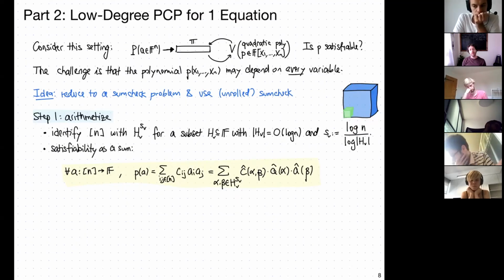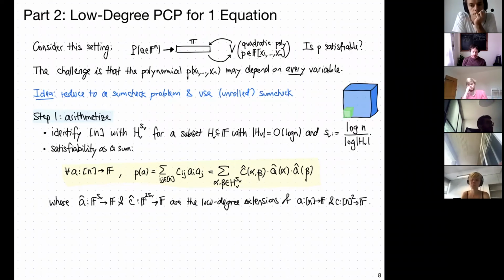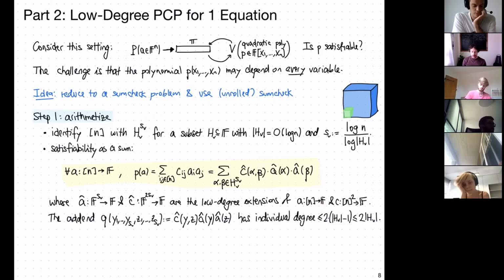Same thing with respect to the assignment A: we take the low degree extension of A, so if you query it on this cube, you'll get the value of the assignment A, but you can also evaluate everywhere else. So A and C are just the low degree extensions.